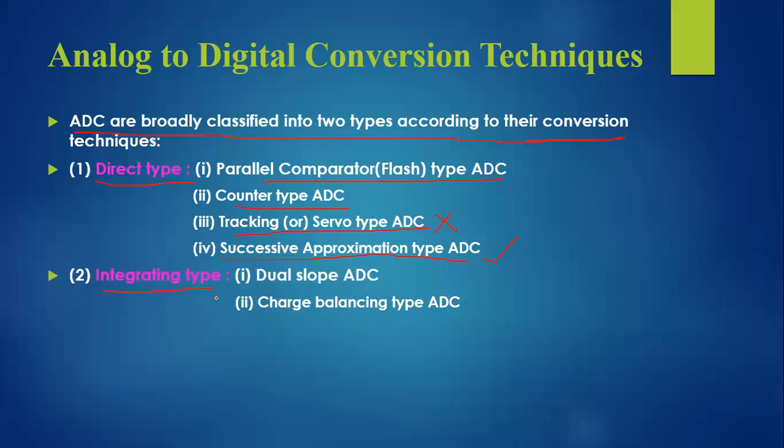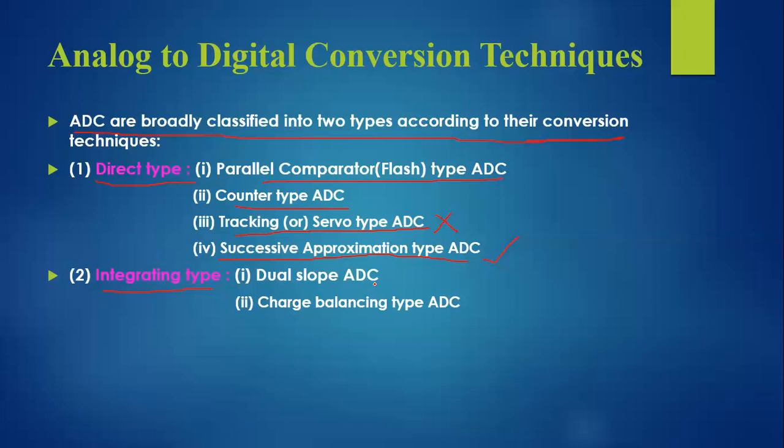So the analog to digital conversion is not done directly. It is first converted into a linear function of either time or frequency, and then it is converted into the digital output. Hence it is called an indirect or integrating type A to D converter.